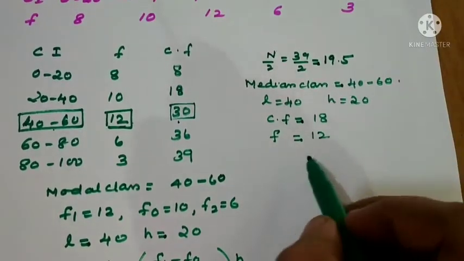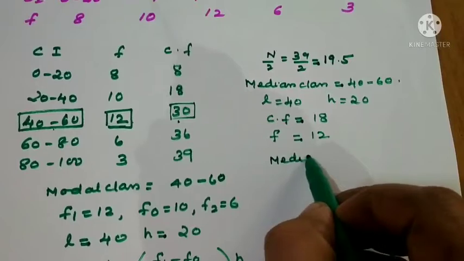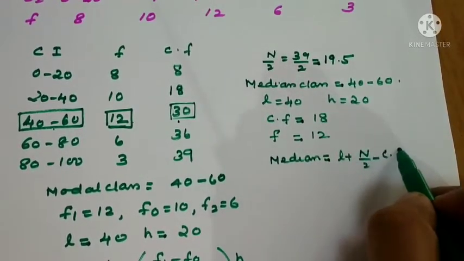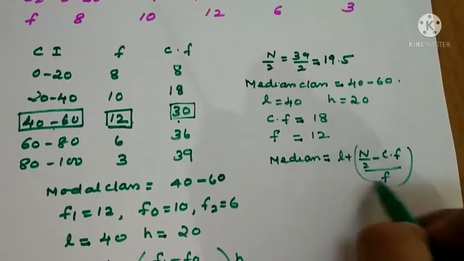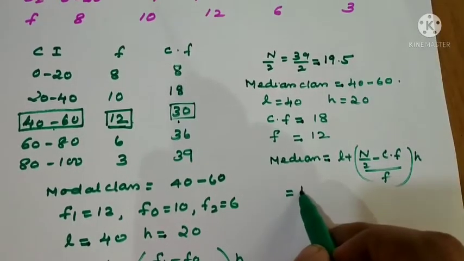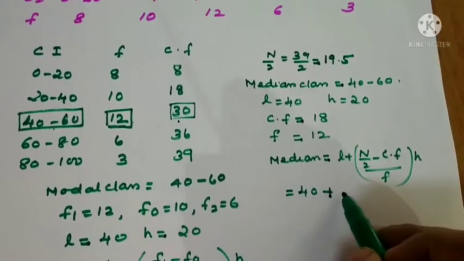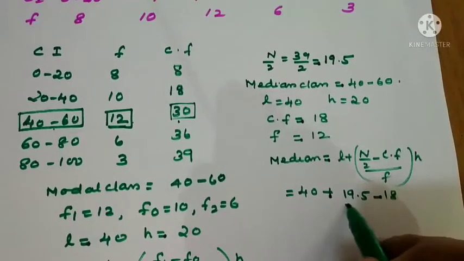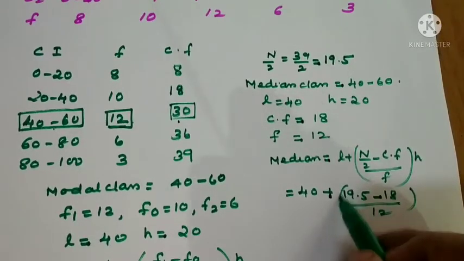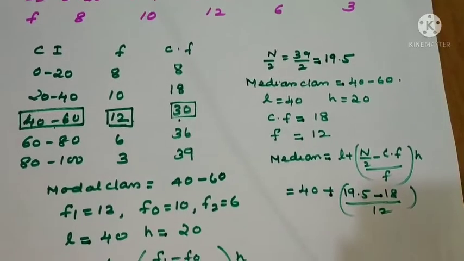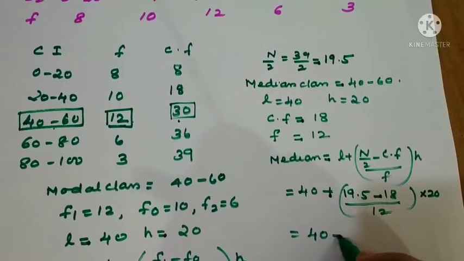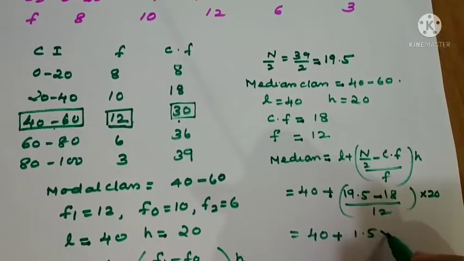So again, median equal to L plus n by 2 minus Cf divided by F into H. So L equal to 40 plus n by 2, 19.5 minus Cf, it is 18 divided by 12 into 20. So 40 plus 1.5 into 20 divided by 12.